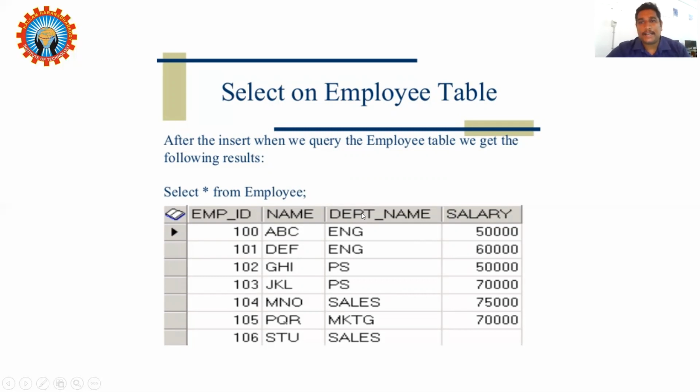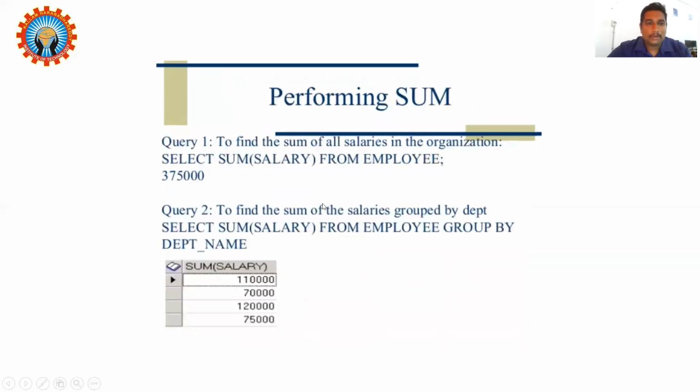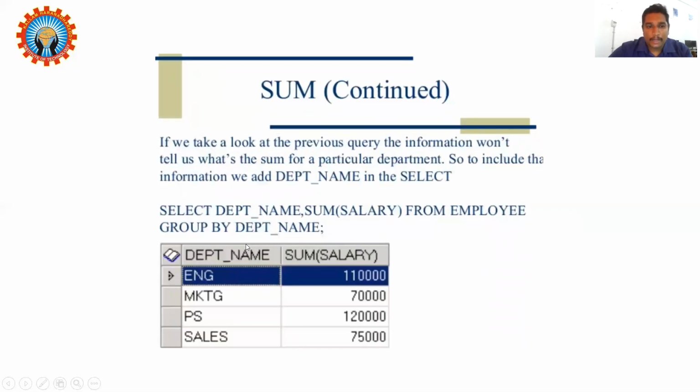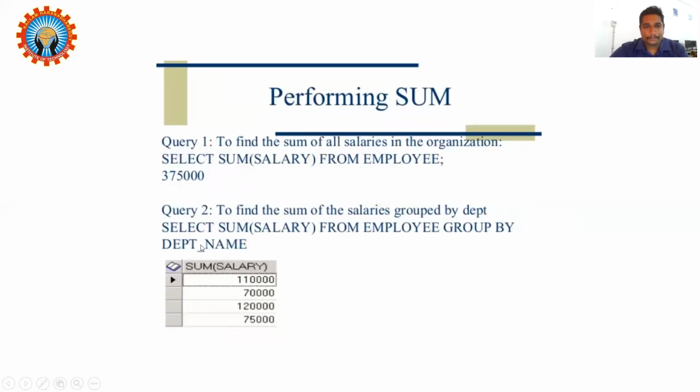I hope you understand the concept, but we will discuss it now. To find the sum of salaries grouped by department, you use the sum of salary query, and you have to group by department. If you say GROUP BY department, it automatically groups by department.